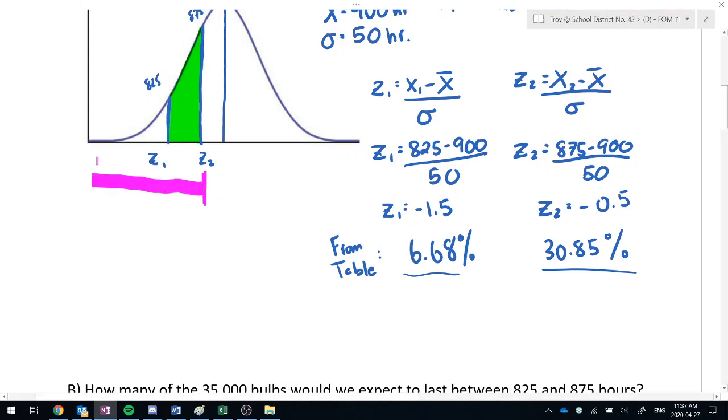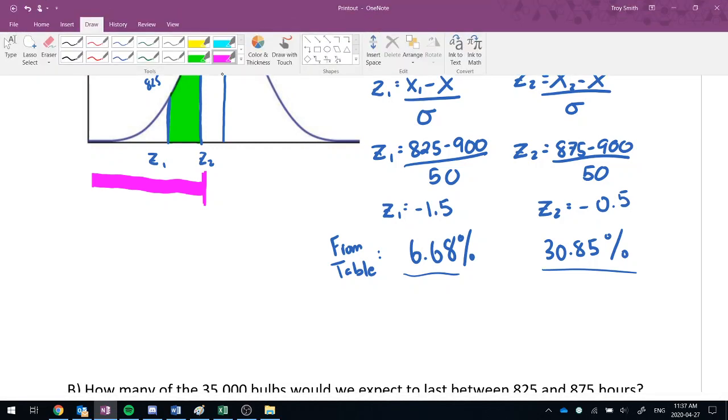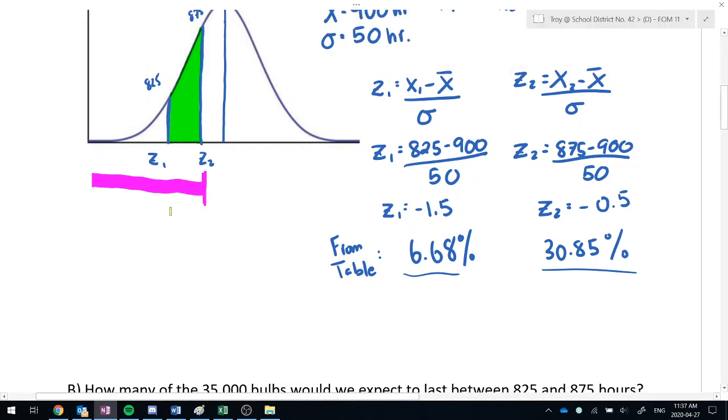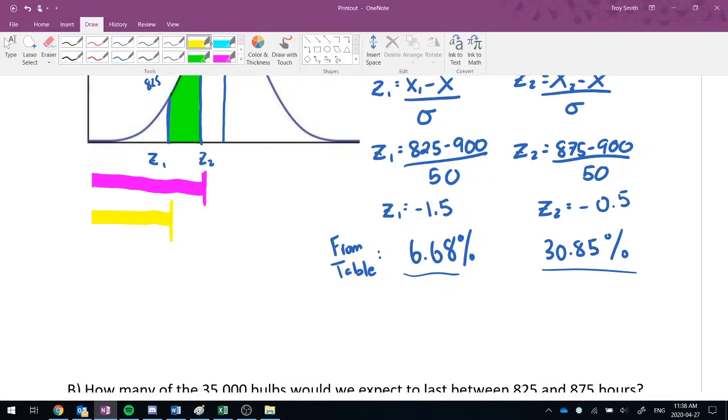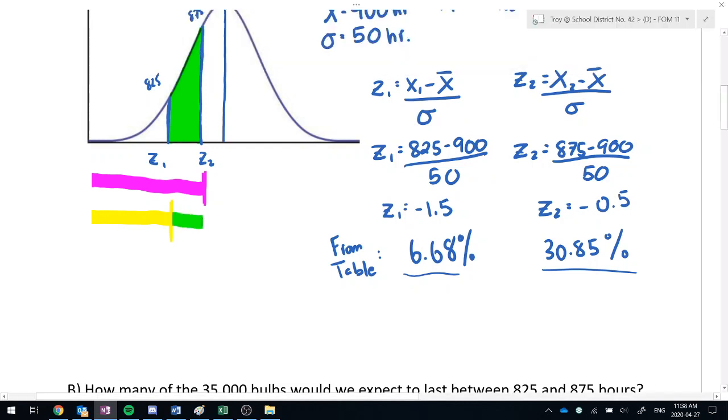And we don't want this part, right? We don't want that white part, we only want the green part. So we need to take the 30.85 and subtract the 6.68. So what we have left is only the green part.